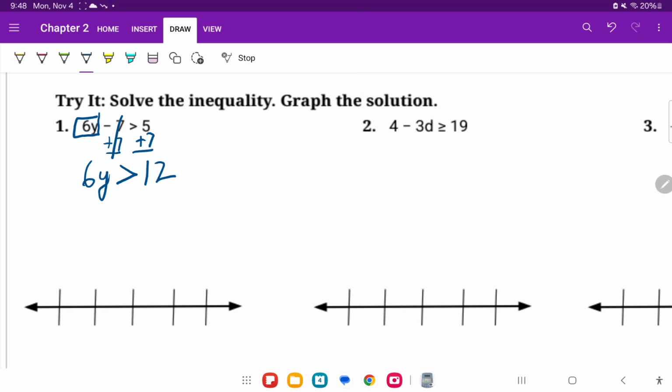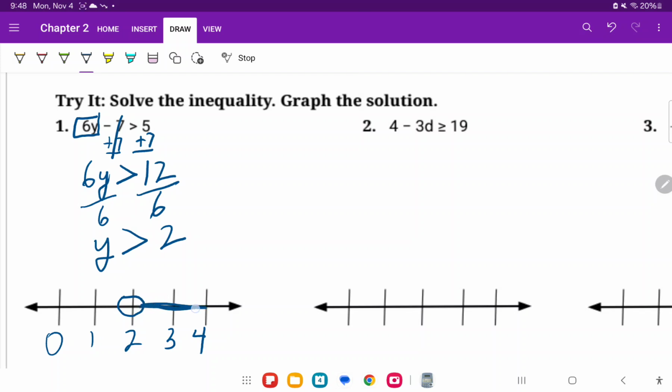So then we want to get the y totally alone. So we'll divide by 6. So y will be greater than 2. Like that. So we'll label this 0, 1, 2, 3, 4. We'll put an open circle at 2. And our line goes to the right.